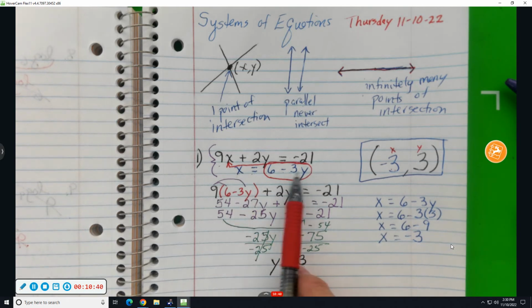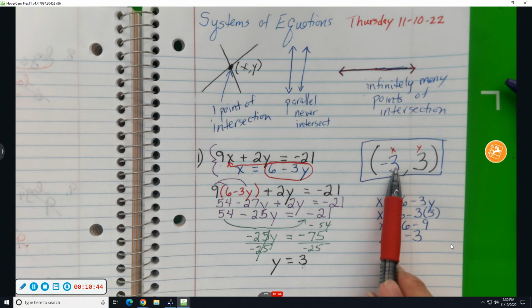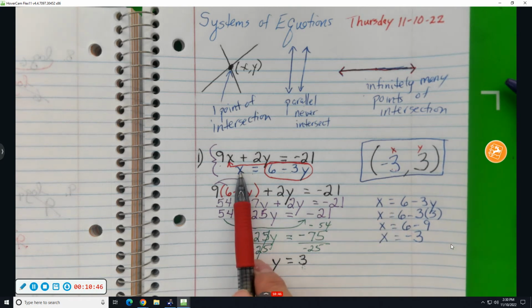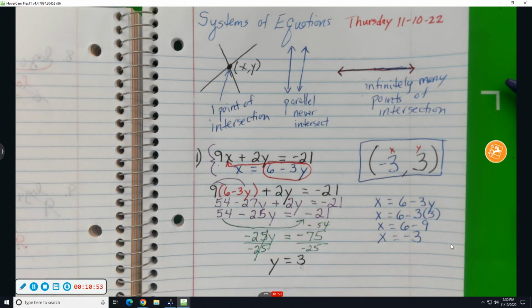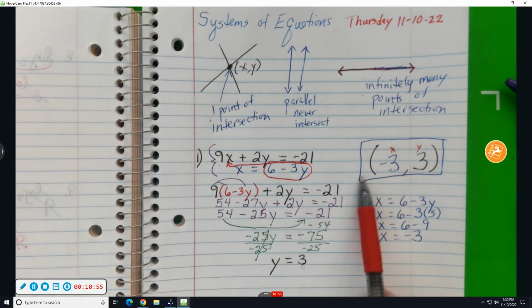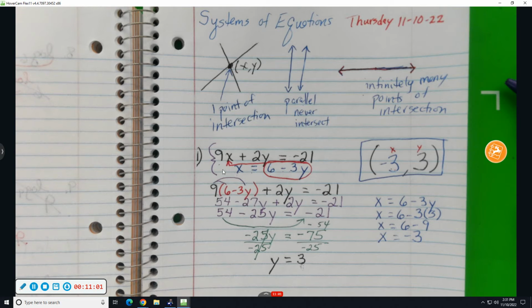And then doing it down here, we know it's going to work out, because that's what we just did. If we plug a negative 3 in here, and a positive 3 here, 6 minus 9 is negative 3. So this answer better make both of these equations true. Realize with substitution you need one equation solved for a single variable.